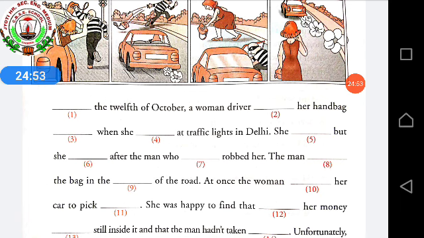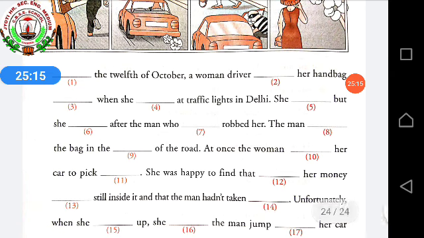On the 12th of October, a woman driver had her handbag dash when she dashed at traffic lights in Delhi. She dashed, but she dashed after the man who dashed robbed her. The man dashed the bag in the dash of the road. At once, the woman dashed her car to pick dash.